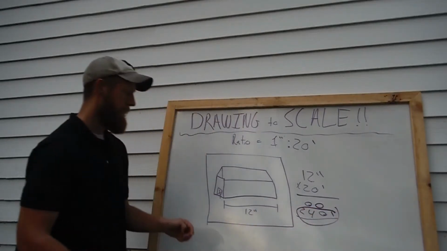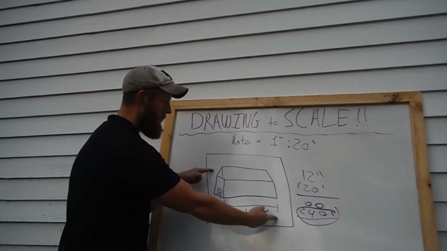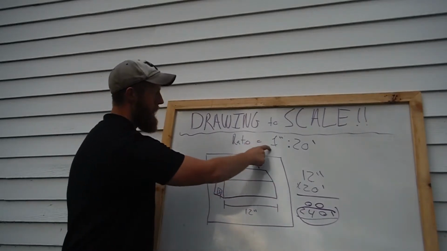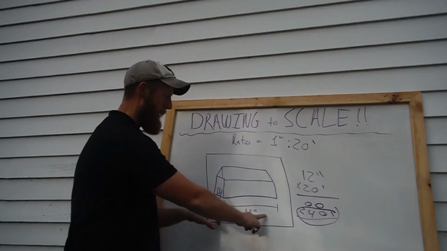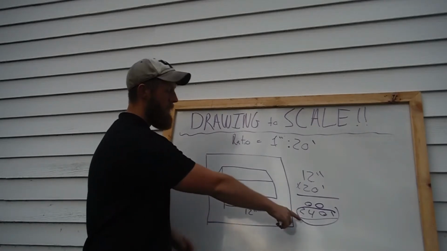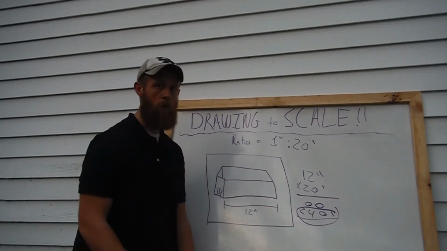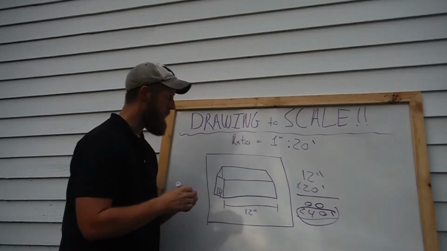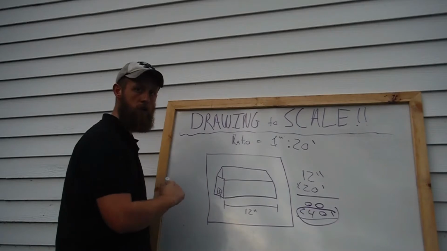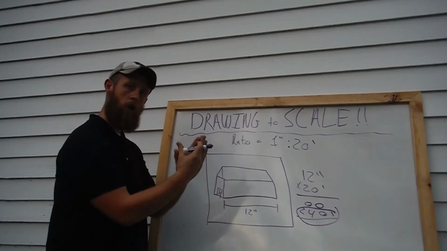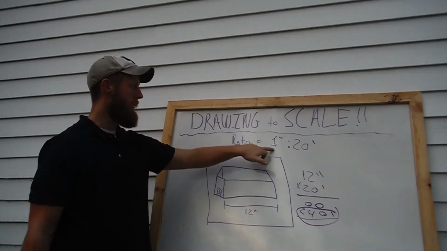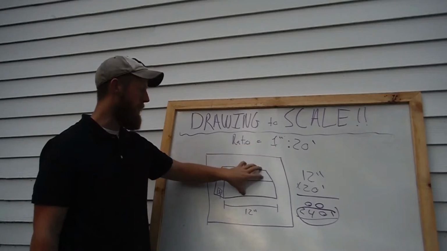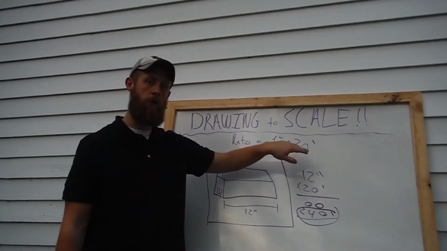So there it is. We took a barn, we drew it to scale at 1 inch to 20 feet. On paper, it's 12 inches. In real life, it's 240 foot long. That's a huge barn, but we're going to roll with it. That's the concept. You draw it to scale, you put it on paper, it's smaller, you give it a ratio that 1 inch or one whatever unit on paper represents a certain unit in real life.